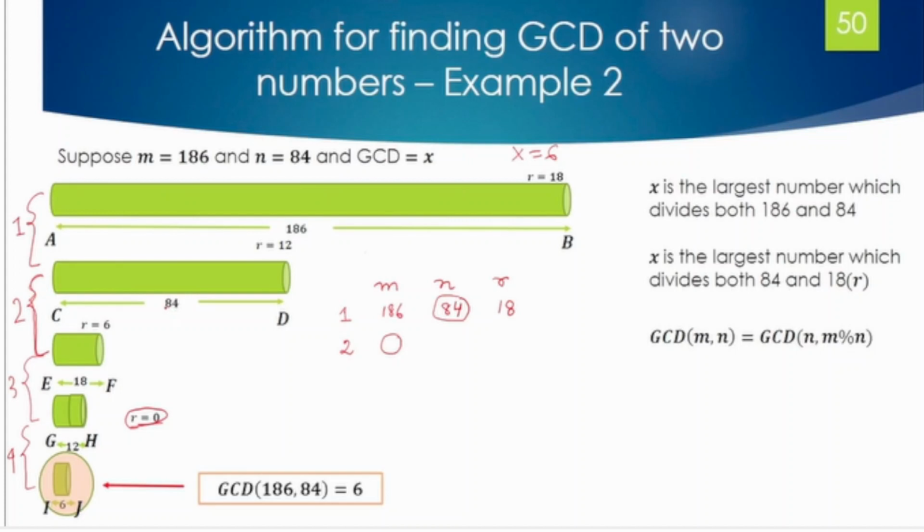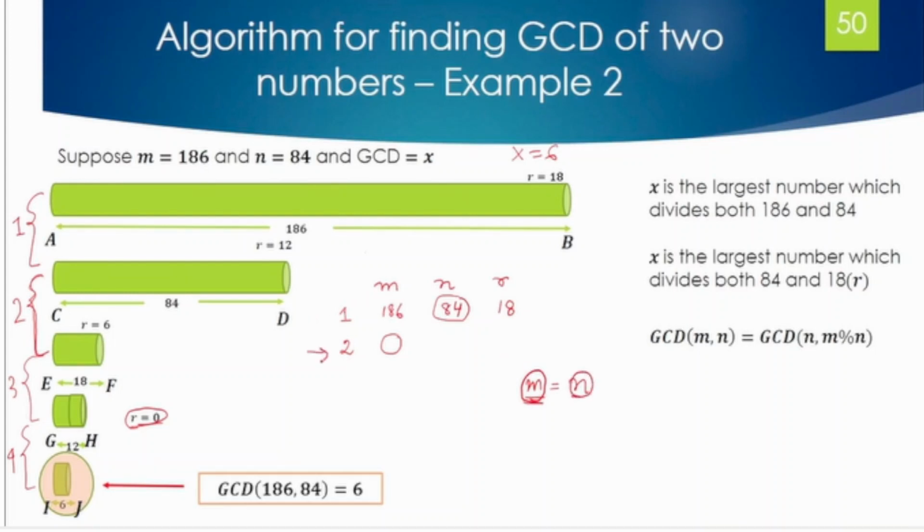Because 84 was the shorter rod in iteration 1, but it becomes the larger one in iteration 2. And so the value of M will be equal to N. If we write the assignment M equals N, that means the new value of M on the left hand side will be equal to the current value of N.